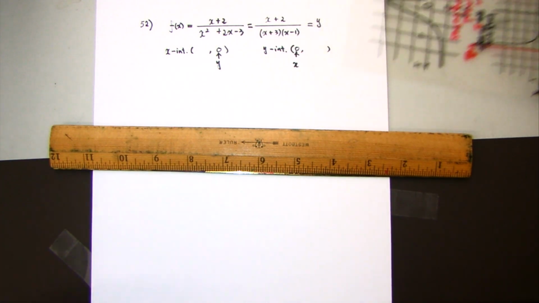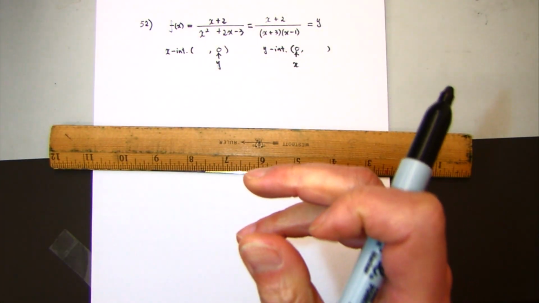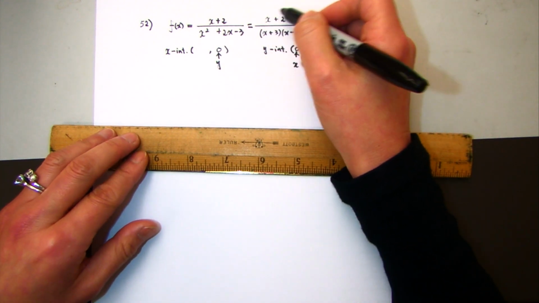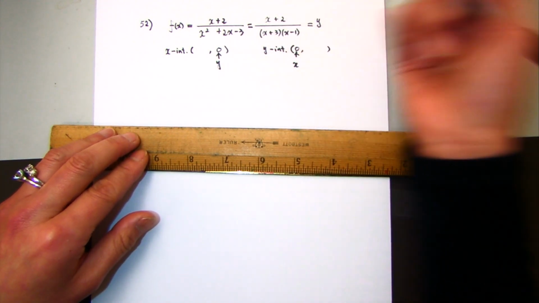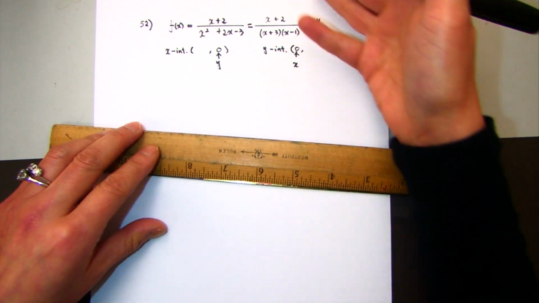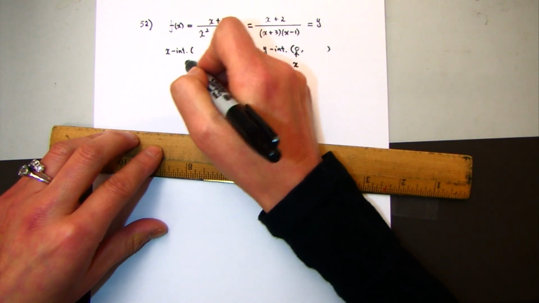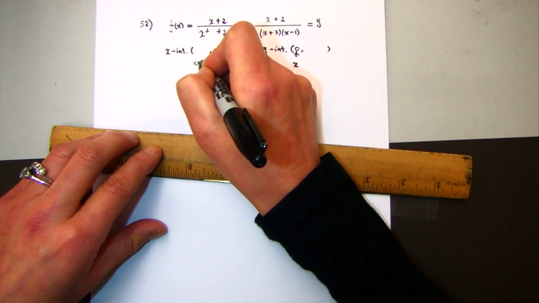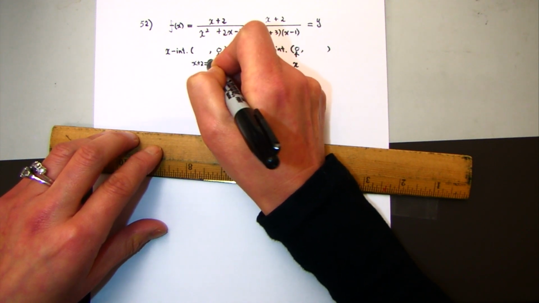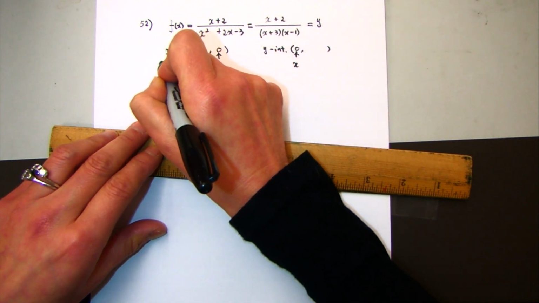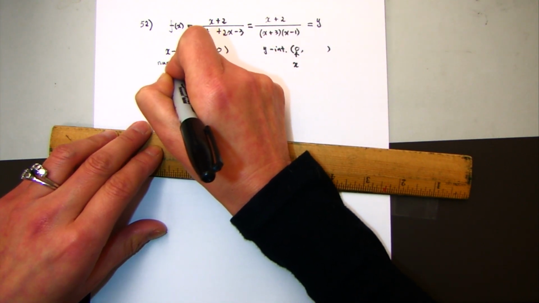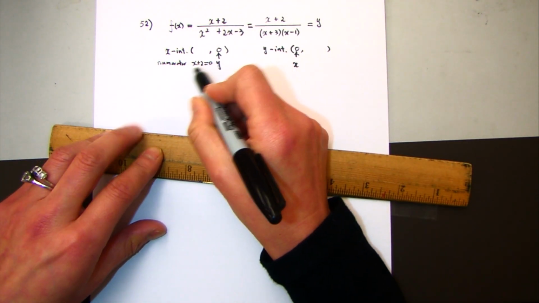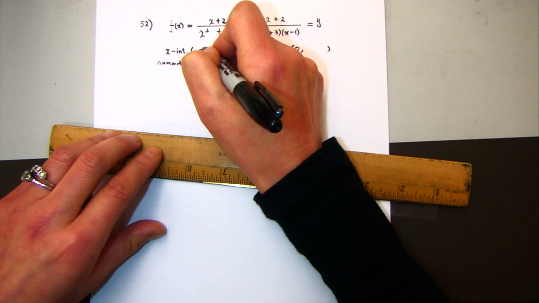In order to solve for x when y equals 0, the numerator of your fraction has to be 0 for the result to be 0. So set x plus 2 equals 0, and write yourself a note: numerator equals 0. Then solve it. X plus 2 equals 0, x equals -2.